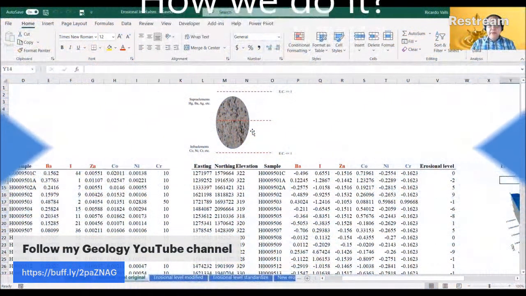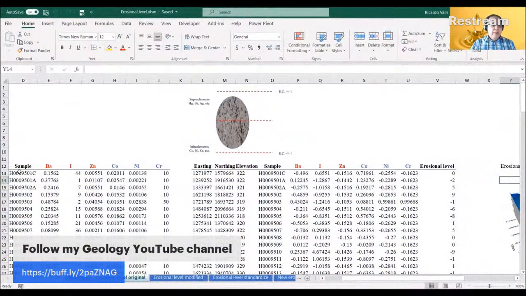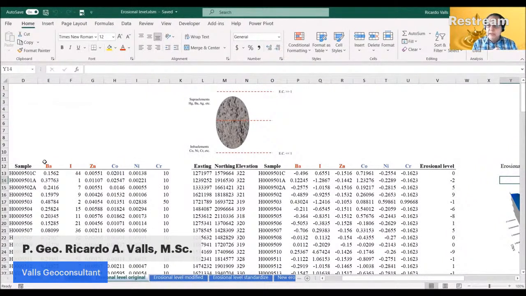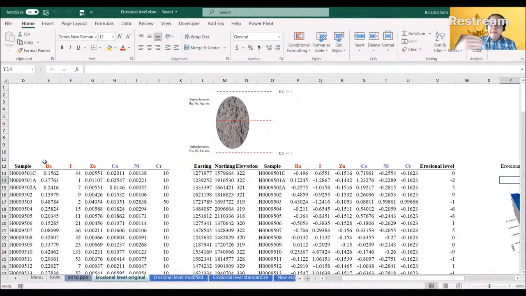The way we do this study is very simple. We select a group of elements that are supra, and there are ways to do this, and it's based on the migration capability of the elements. But we know from many years of doing this that elements like mercury, barium, iodine, silver, zinc, they are very mobile.